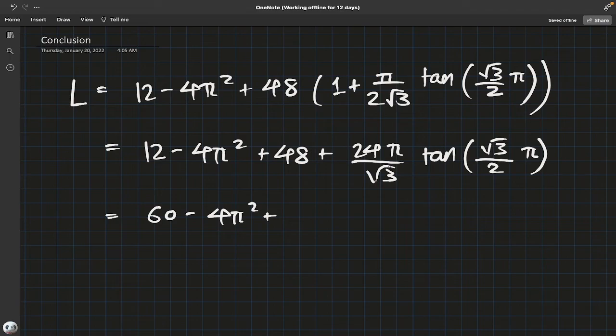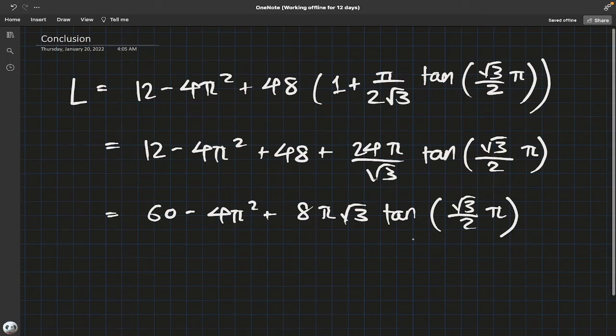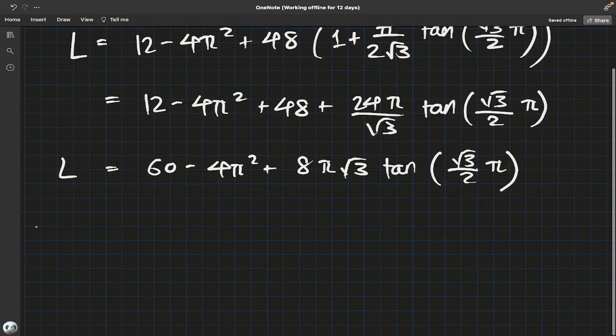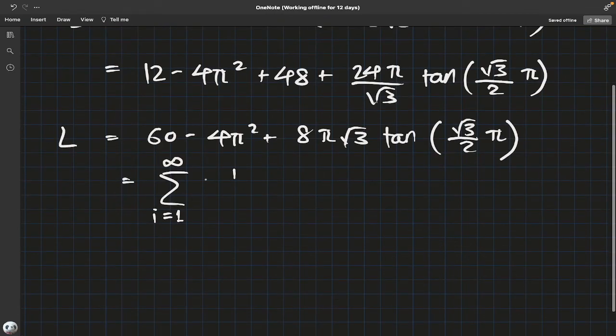That 3 will cancel out with this root 3 to give us 8 pi times root 3, tangent of square root 3 over 2 times pi. And that is indeed your solution for the crazy nested quintic infinite series.